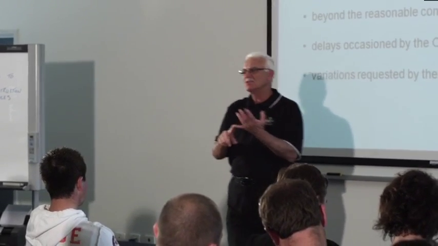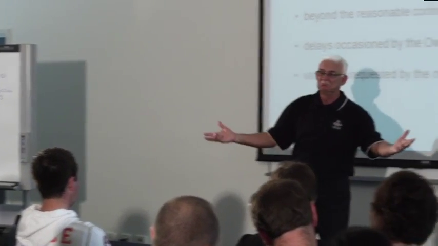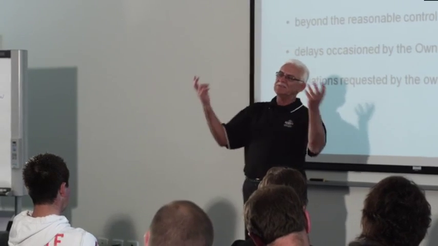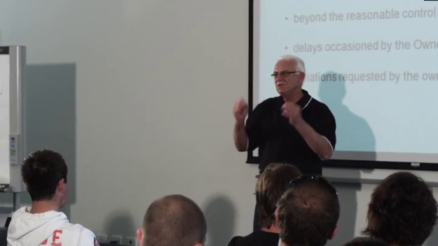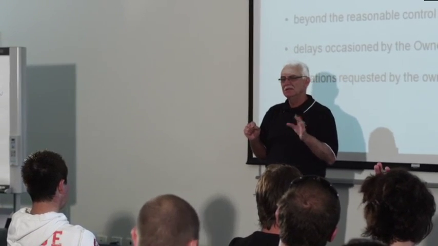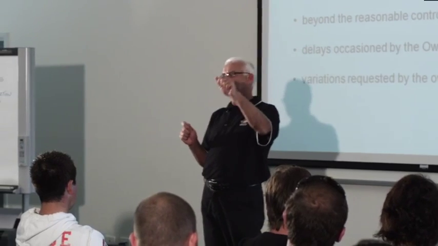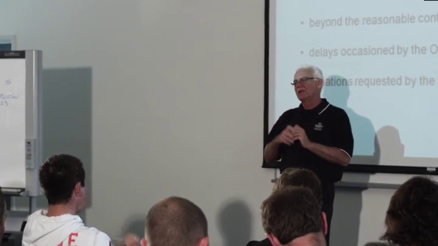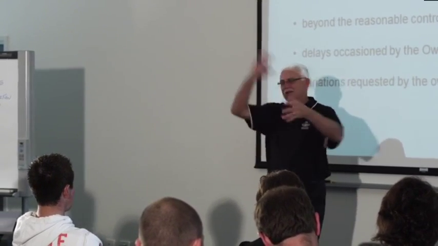Now, the fact that this has gone on for months and months, and it might have been a $30,000 payment at the end. Six months at $30,000 can earn you a lot of interest. If you look at your contract closely, the contract says that you are entitled to interest on overdue payments. I'm not going to tell you how much it is, because it's worked out on a daily basis through the Reserve Bank and all that sort of stuff.